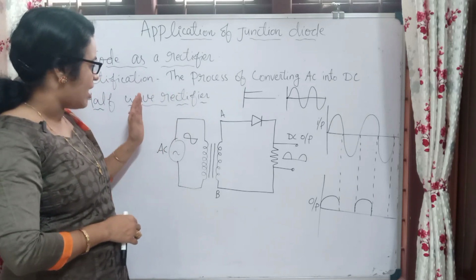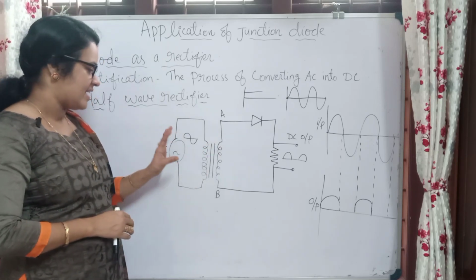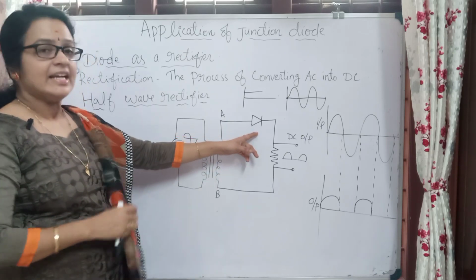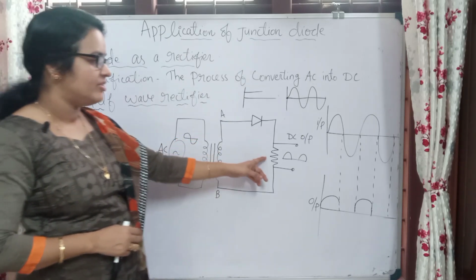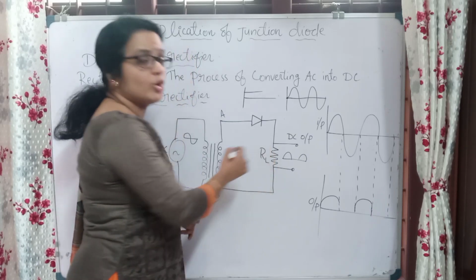In the case of the half wave rectifier, we will use a transformer, an AC circuit, and a semiconductor diode. Here we will use RL, that means the output load resistor.